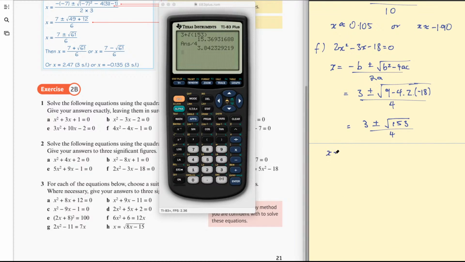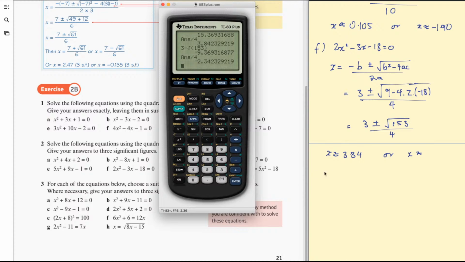So x is approximately equal to 3.84, or x is approximately equal to 3 take the square root of 153 and then divide by 4. I get negative 2.34. Negative 2.34. Okay.